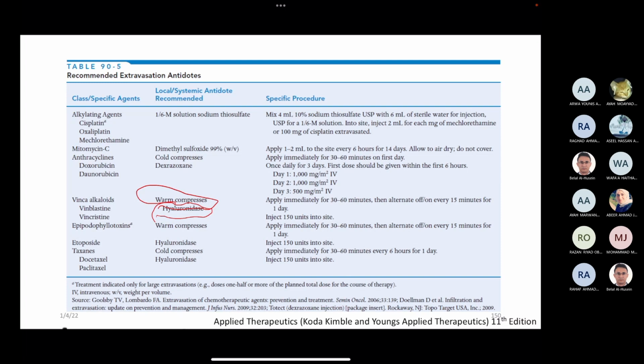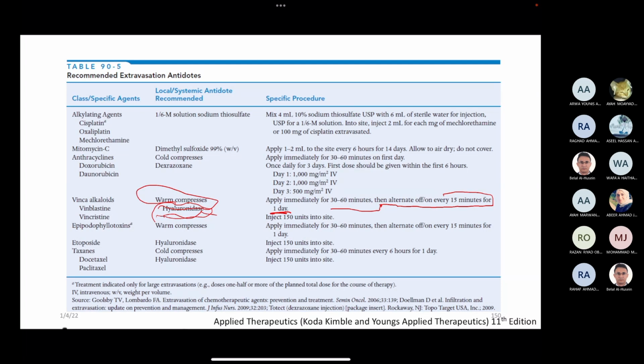It is mostly used for snake bites. So the recommendation for vinca alkaloid-induced extravasation is to apply warm compresses immediately for 30 to 60 minutes, then alternate off and on every 15 minutes for 1 day, and then inject 150 units of hyaluronidase at the site.